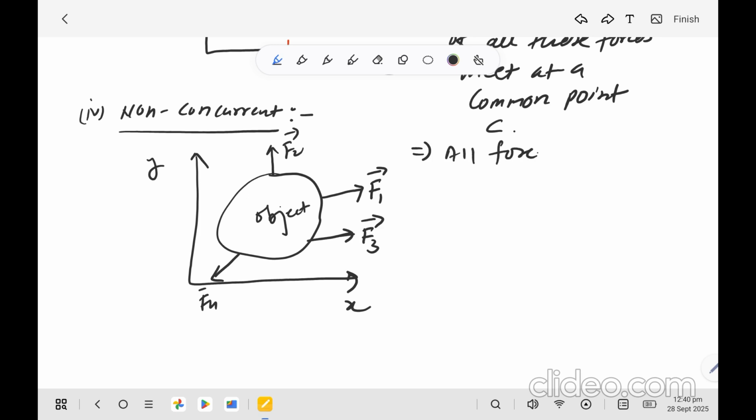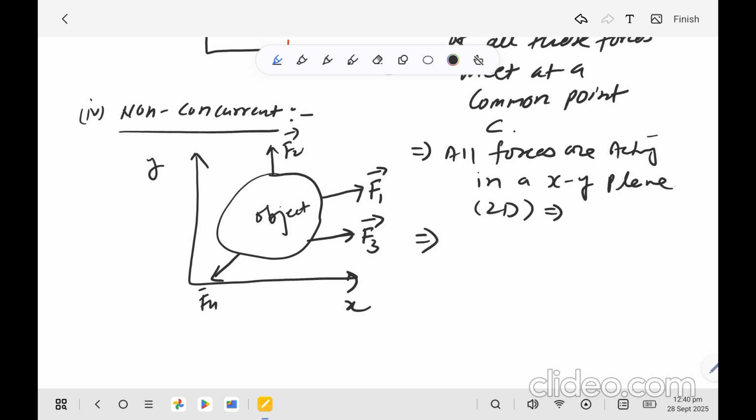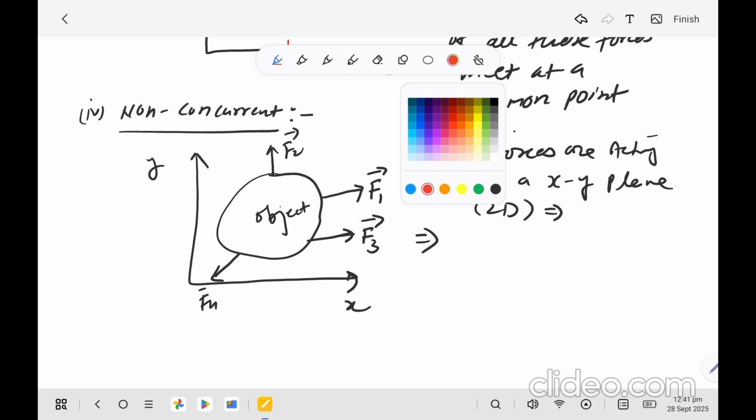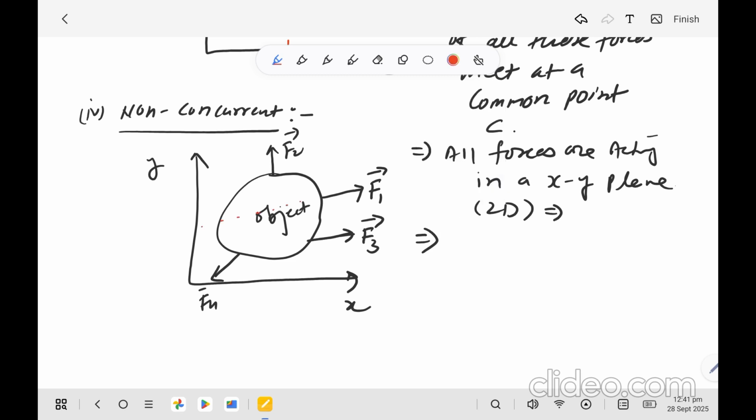Okay, so all forces are acting in an xy plane, meaning a 2D plane. So all these forces are coplanar in nature. Now if we draw the line of action of these forces, the line of action of this force is this one, of this force is here, of this force is this one, and of this force is here.